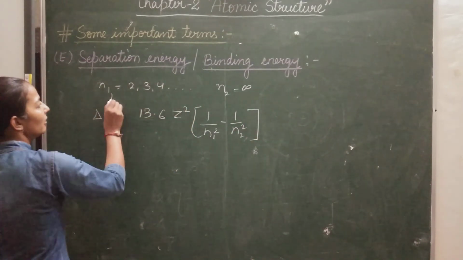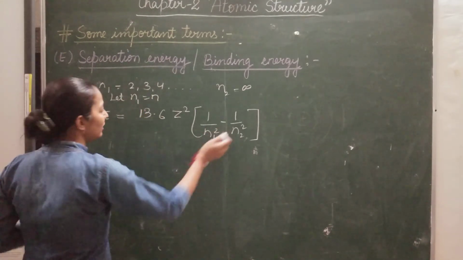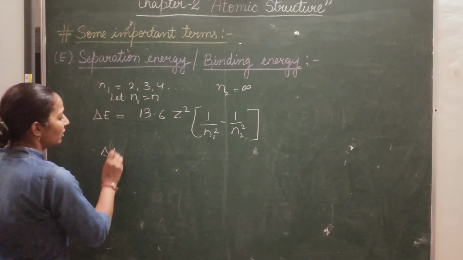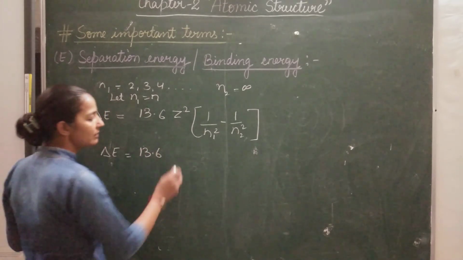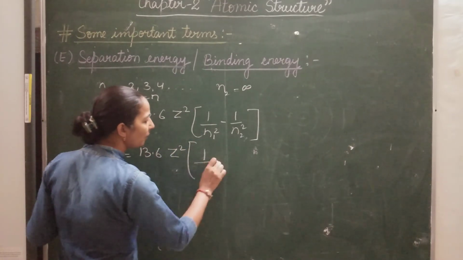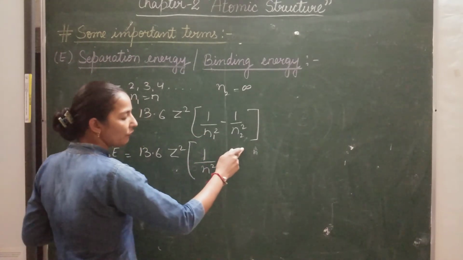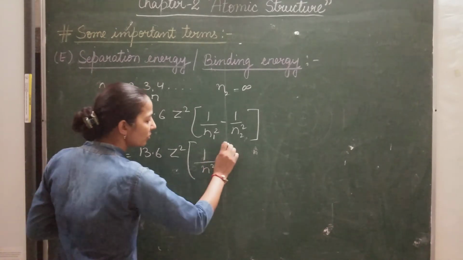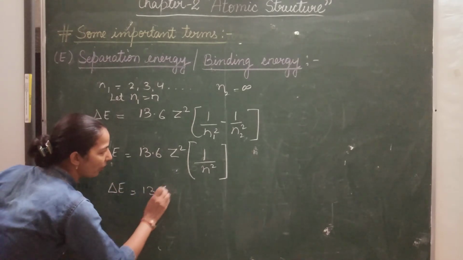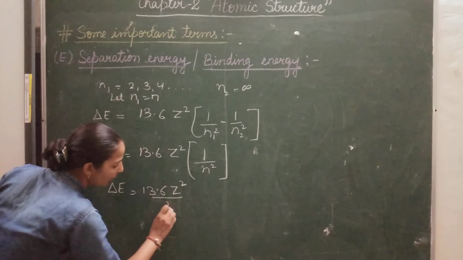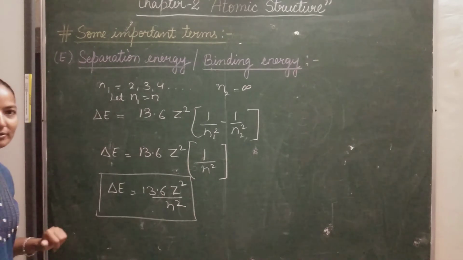Let's consider that n1 is equal to n. On putting all these values, 1 upon infinity square is 0. So simply delta E is equal to 13.6 Z square upon n square. This will be the value of the binding energy.